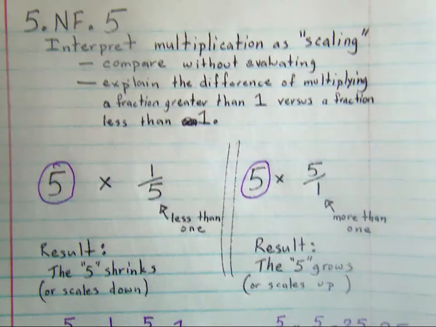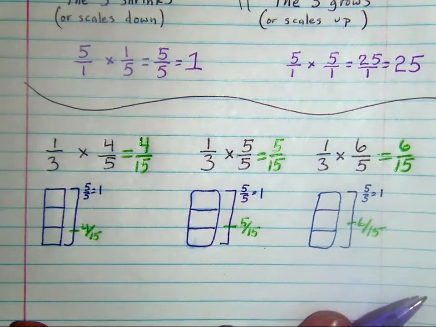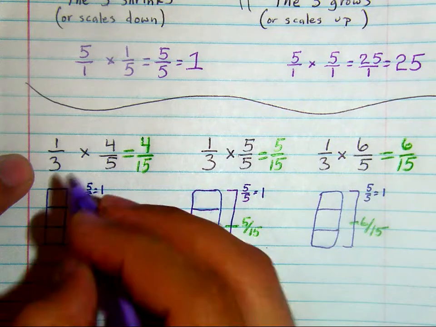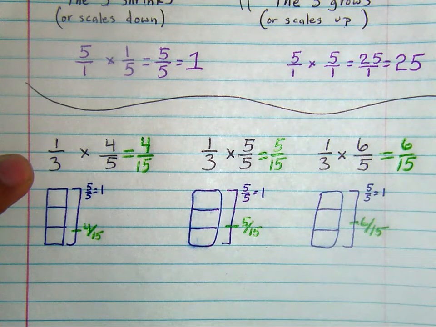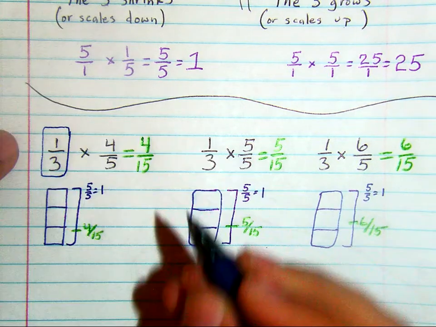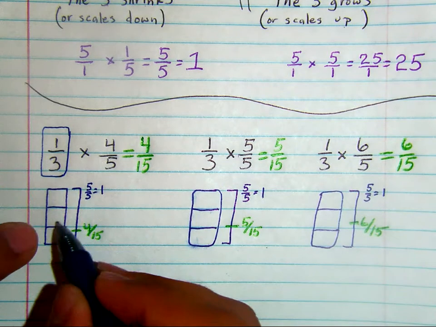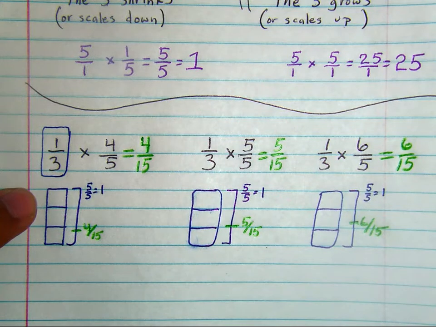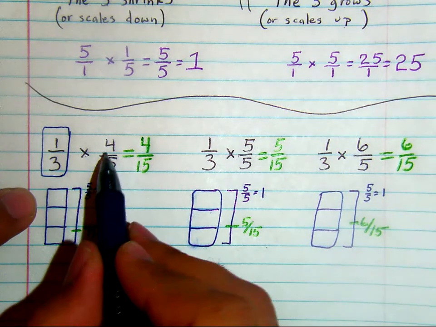Now, when we look at an example, and we look at maybe starting with 1/3, okay? See these three sections? 1, 2, 3. We start with 1/3 and we multiply times 4/5.